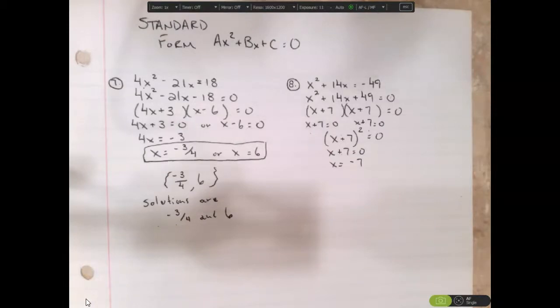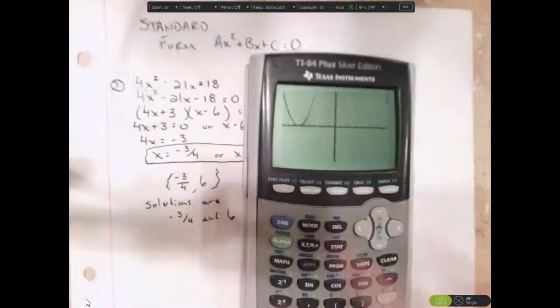And to show you what that looks like on your graph, let me go ahead and pull it up here. Oh, it helps if you put the right sign in. That way it pops up with the right graph.